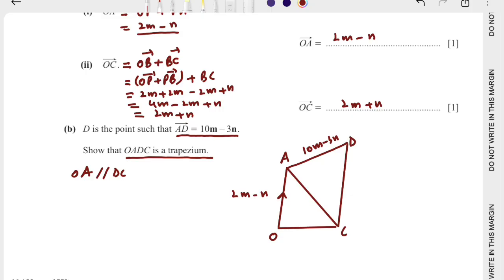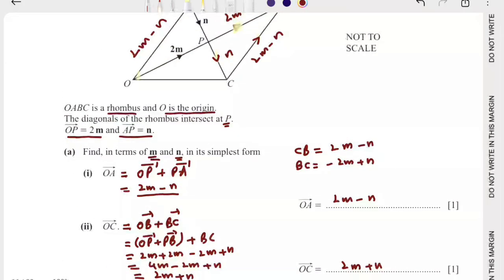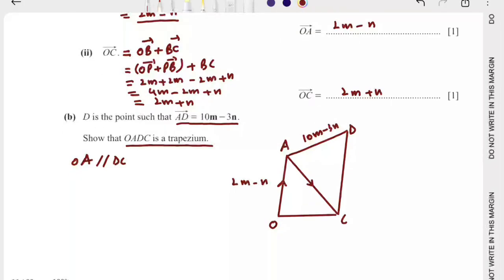We know that AC is n plus n means 2n. Now everything is easy now. So CD would be equal to CA plus AD. CA is minus 2n and AD is 10m minus 3n.